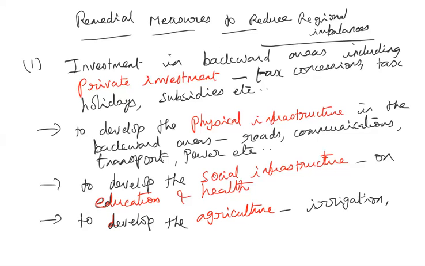So investment on irrigation, and there is something called agricultural marketing. The farmers, right from the land, starting from cultivation till they sell the commodities in the market, are finding so many obstacles and problems.